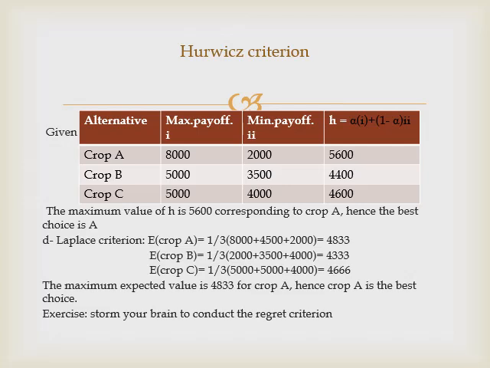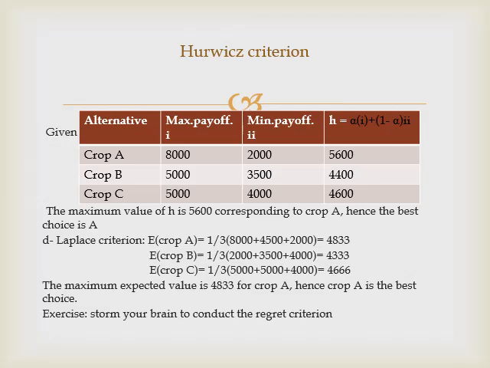For group C, again 1/3 multiplied by 5000 plus 5000 plus 4000 equals 4666.